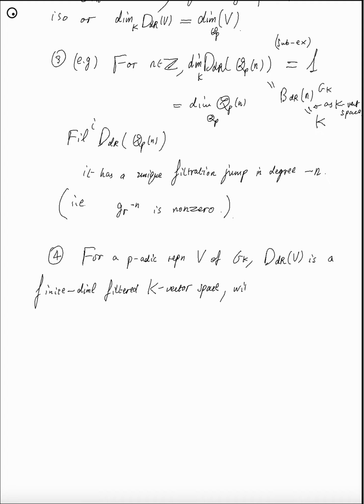Describe that filtration: Fil^i D_dR of V equals the fixed part of Fil^i B_dR tensor V. So the filtration comes from this period ring part.